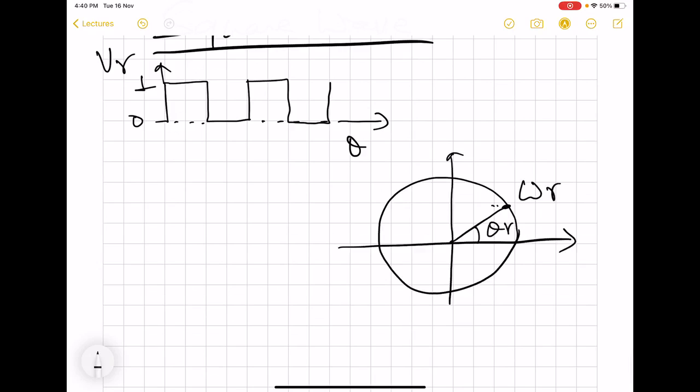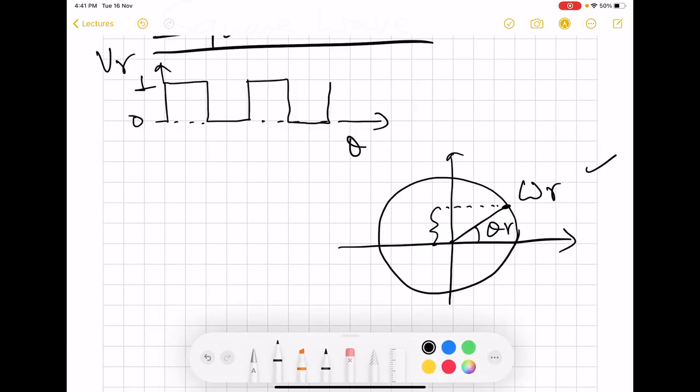When we take a sinusoid, this projection becomes the strength of the signal, and this angular displacement is the phase. But what about this square wave? How are we going to interpret the square wave in terms of this? Because we saw that the functionality of the PLL and the phase detector was very well understood in terms of this motion.